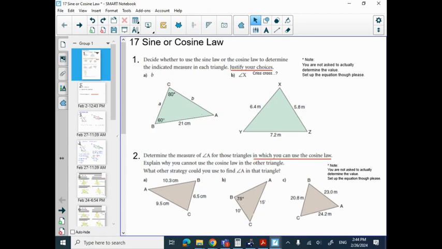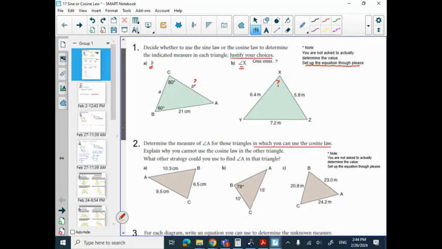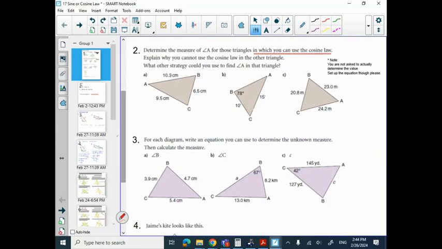In the first question, I'm just asking you to say whether sine law or cosine law would be used to figure out the information they're asking for, so side B and angle X. Justify why, do a crisscross analysis, and set up the equation as well. You're going to have a sine law set up, but I'm not asking you to solve it out. Obviously, setting it up is the more important part of the process, so that's why I want some more practice with that.